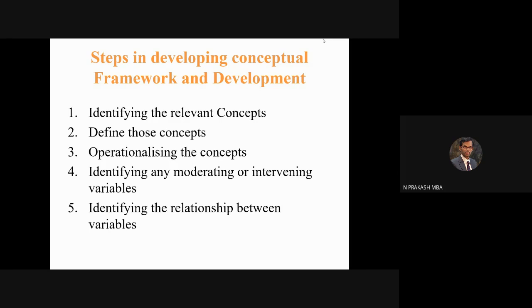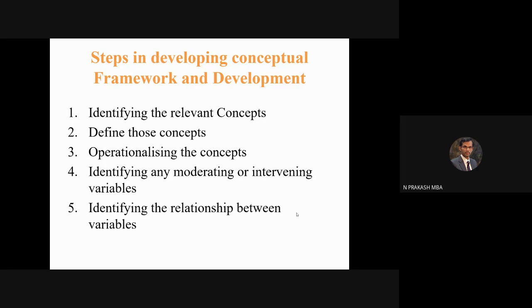Then we want to identify the relationship between each variable. Maybe we will find an interdependent relationship with the independent variable, and we also create a relationship between the independent variable and the moderating variable, and the independent variable with the dependent variable, or from the mediating variable with the dependent variable.